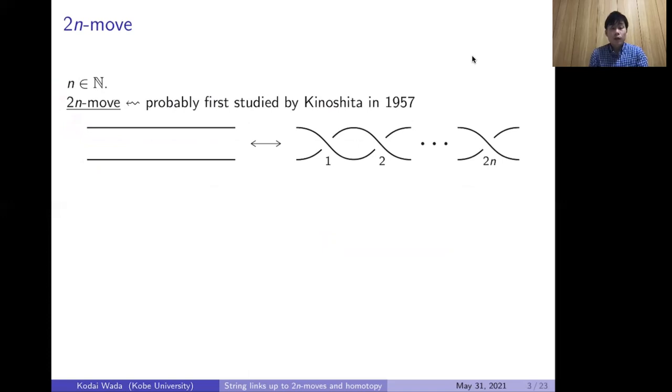This move replaces two parallel strands with 2n crossings and vice versa. The 2n-moves were probably first studied by Kinoshita in 1957. Since then, 2n-moves have been well studied in knot theory.